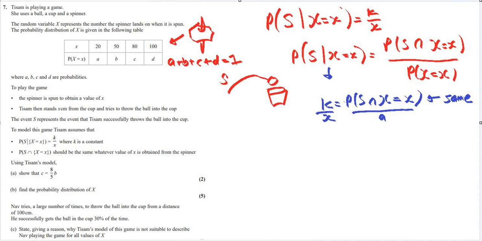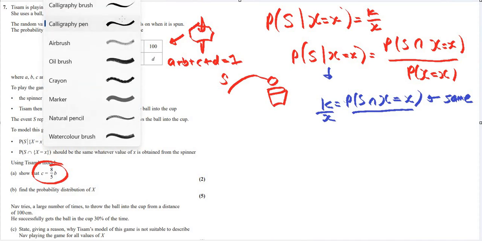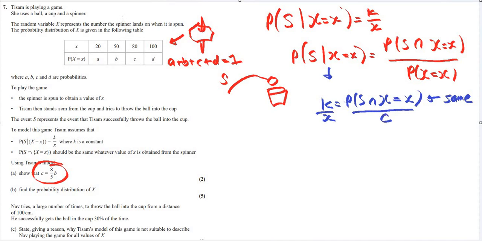Now the question says I've got to show that C equals 8/5 of B. So I'm going to make X equal to 80, because that's where I get my C from, and I want C. So this is going to be C, and if that's C, then X must be 80, because those are the two values I'm given at the beginning.